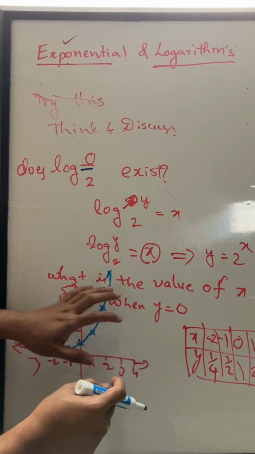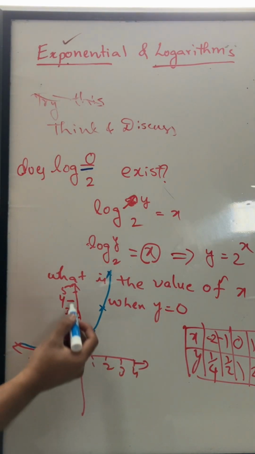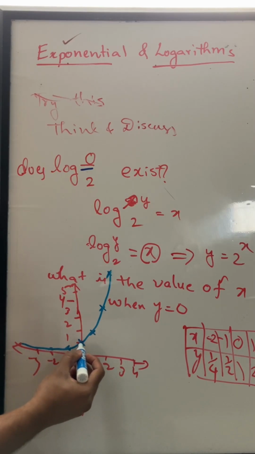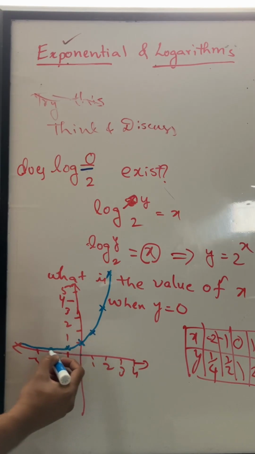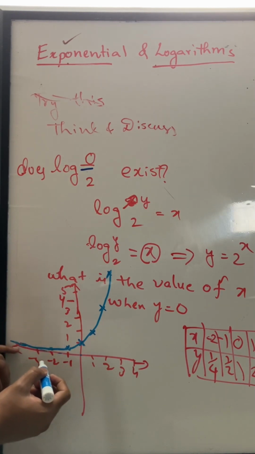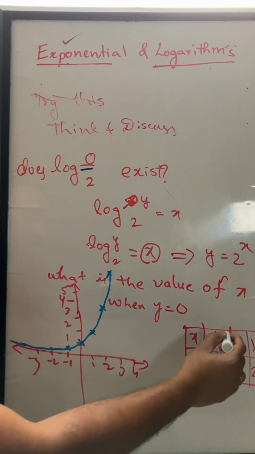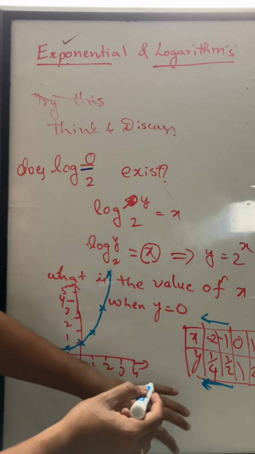Now we've plotted the graph. What is the value of x when y equal to 0? Where is our y? This is our y-axis. When y becomes 0, y is 1, y is 0.5 here. When y is 0, it never happens. The curve almost touches the axis but never touches it, because when x decreases, y also decreases exponentially.